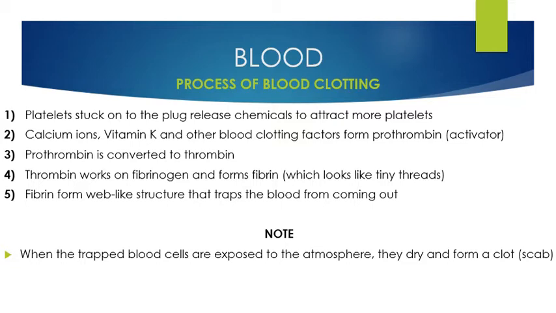When the blood cells are trapped on that sore, we'll find that the sore will start getting dry, and therefore there will be a clot formed. Sometimes the clot may be referred to as the scab, so don't get confused if you see the word scab. Simply a dried clot of blood cells or blood.